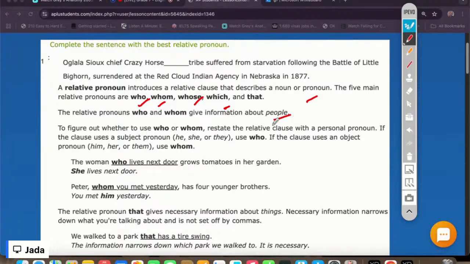To figure out whether you have to use who or whom, you have to restate the relative clause with a personal pronoun. If the clause uses a subject pronoun, he, she, or they, then you use who. And if the clause uses an object pronoun, him, her, or them, then we use whom. Okay?